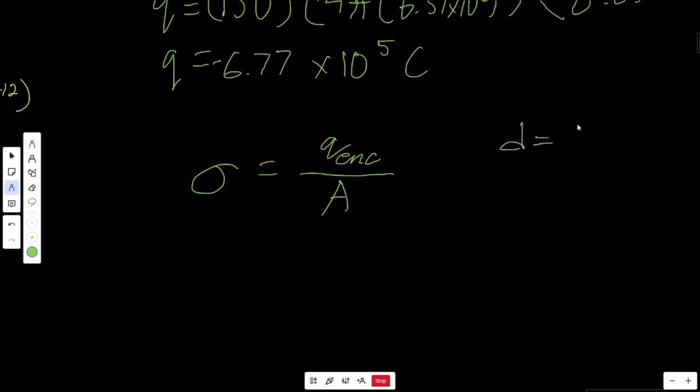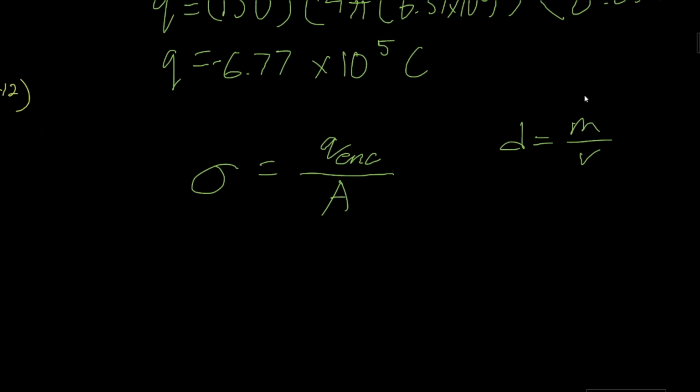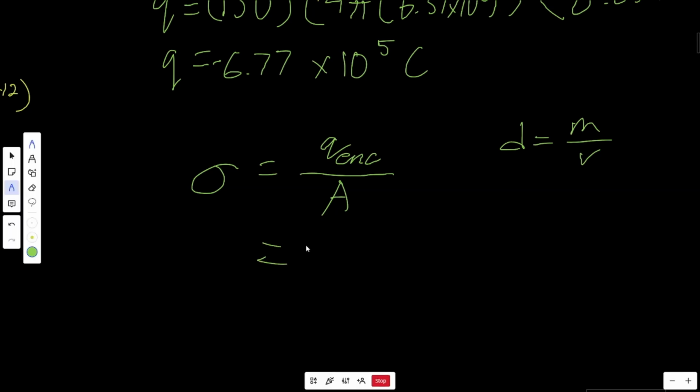The density is equal to mass over volume. Basically the same thing: the amount of charge per area, the amount of mass per cubic meter, and ours here is per square meter.